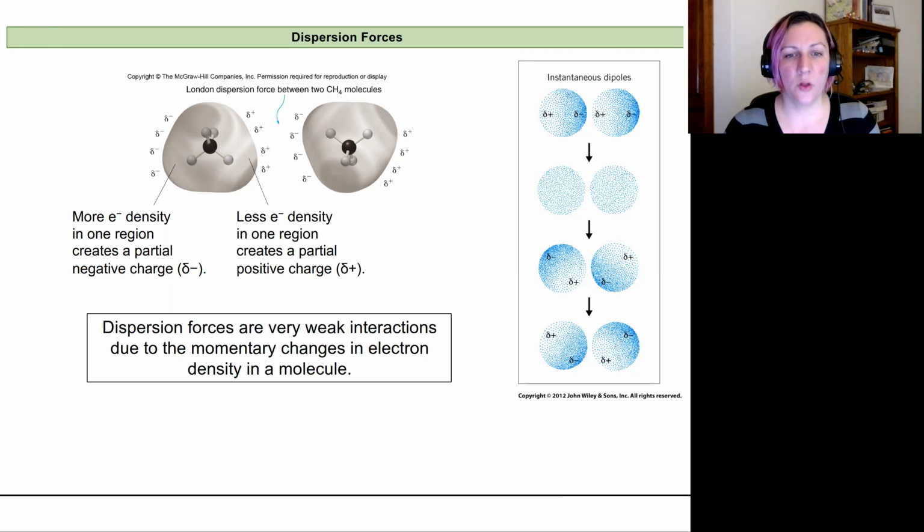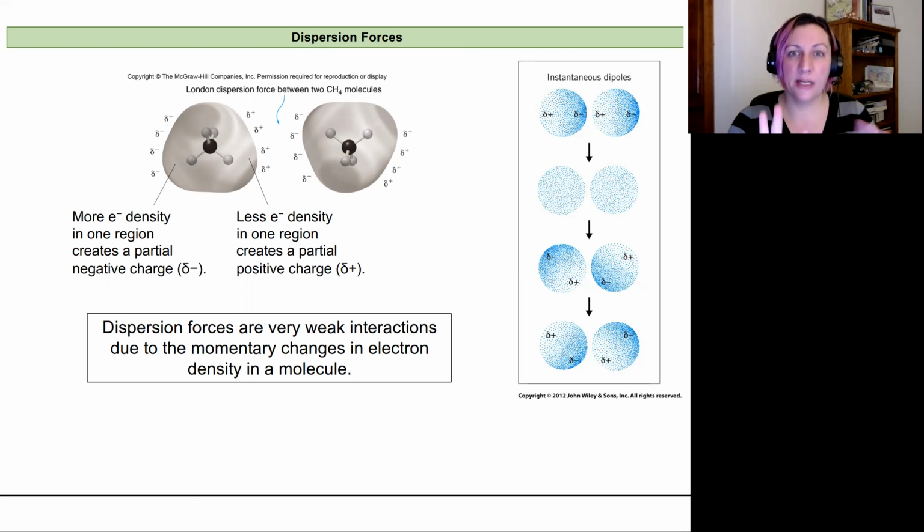Dispersion forces arise from temporary and spontaneous changes in the electron density on a particle to interact with other ones, and so they create these temporary dipole moments.